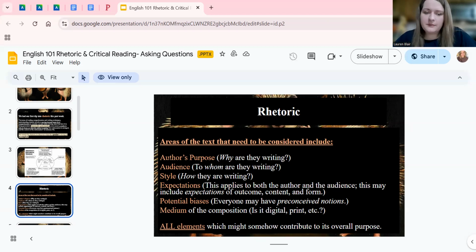And then there's the medium of composition, could be digital, print, oral. All of these elements help contribute to the overall purpose of the text that we're looking at.